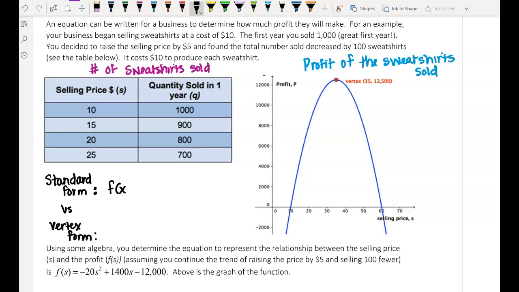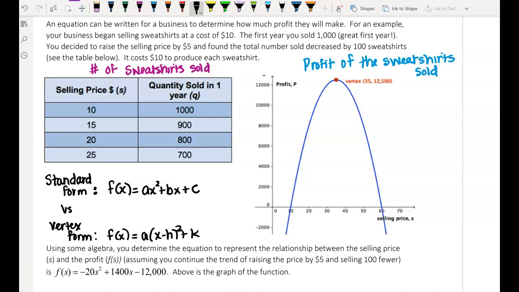Standard form is that f of x equals ax squared plus bx plus c. Vertex form is that f of x equals a times the quantity x minus h squared plus k.